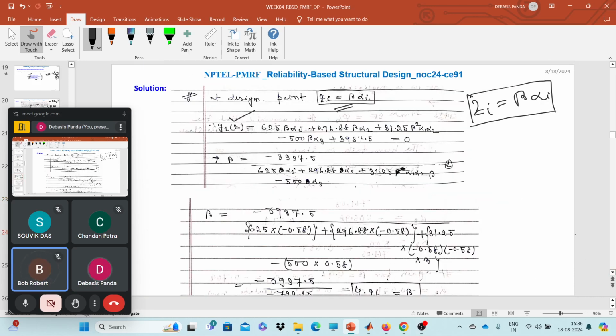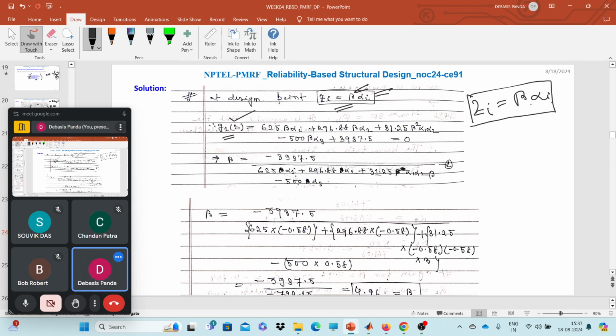Once we put z equals beta into alpha i, we get the limit state function in terms of beta and alpha, right? Now put in all the values of alpha and the initial beta.